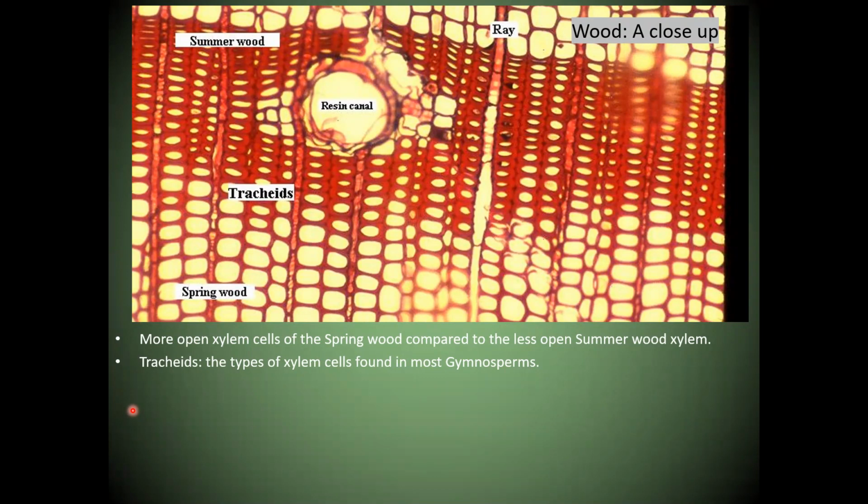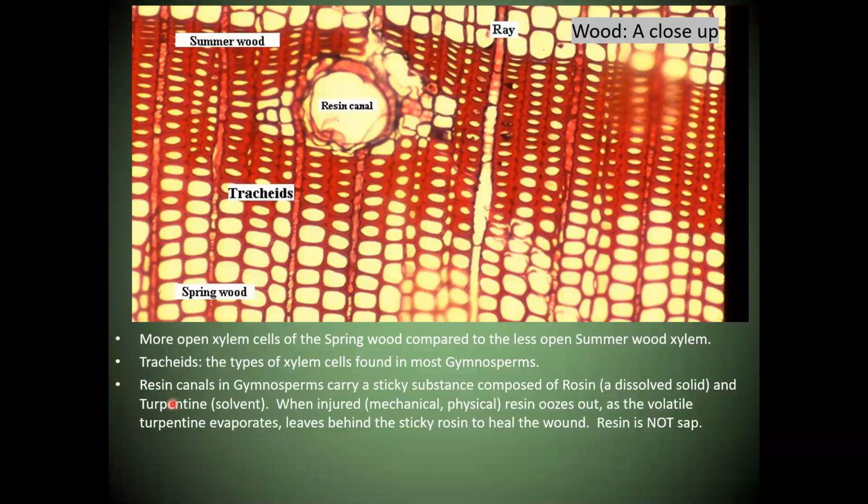tracheids are the type of xylem cells you find in most gymnosperms. The specific name of these open xylem cells, or these thick walled xylem cells, all of them are called tracheids. And most of the tracheids in a xylem are not living. As soon as they are produced with the cell wall thickening, they die.